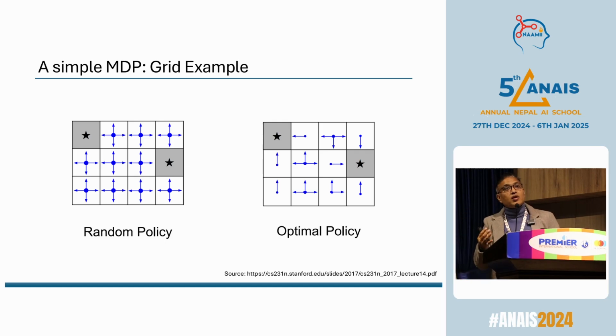What is the meaning of solving any problem using RL? The main concept of solving a problem using RL is to find the optimal policy, such that we maximize the reward.